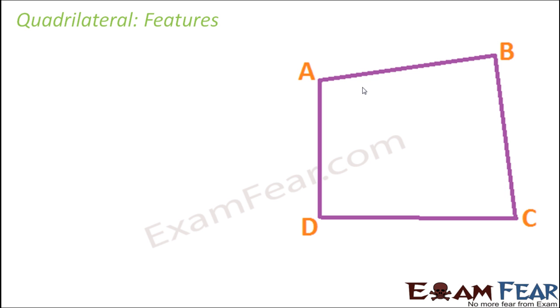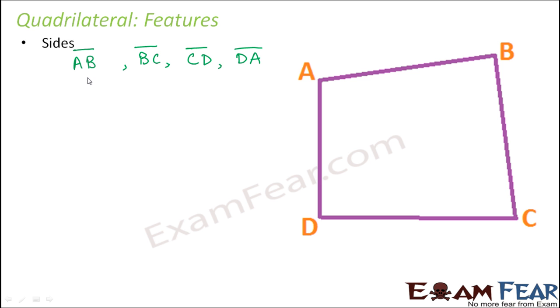Now we will quickly look at the features of a quadrilateral. Sides again: here as you can see we have four sides of the quadrilateral, that is AB, BC, CD and DA, and all of these are line segments. Here we will observe another interesting thing. In a quadrilateral there are sides which are located one after another, that is, they share a common vertex.